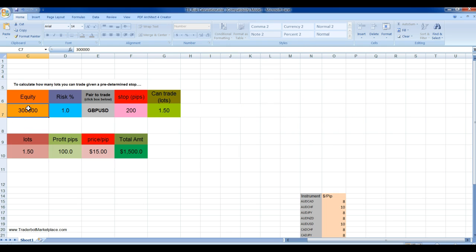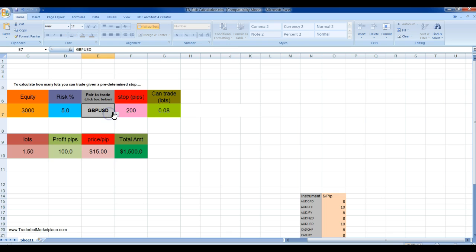Just assume you have a $3,000 equity in your account, and professional traders only risk 1 to 2% on most of their trades, but since you have a smaller account, you only risk 5%, so you just punch in whatever percentage you want to risk right there.